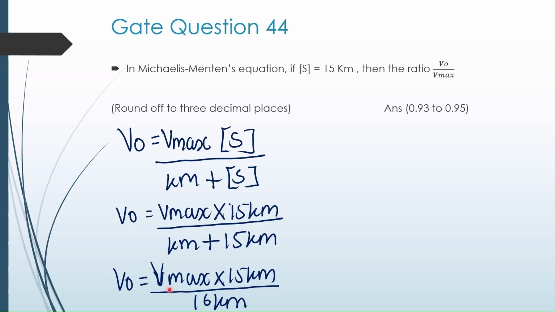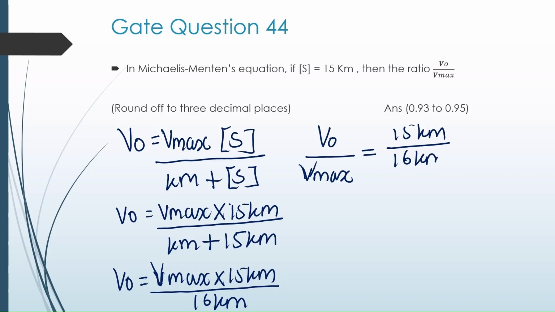The ratio they are asking is V0 upon Vmax. So taking Vmax to the left hand side in the division, V0 upon Vmax is equal to 15 Km divided by 16 Km.